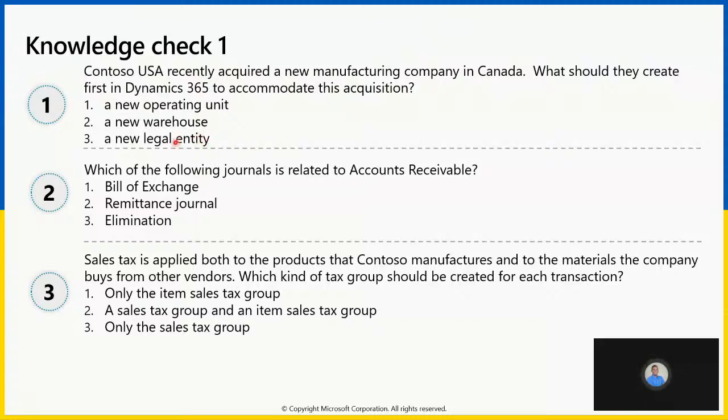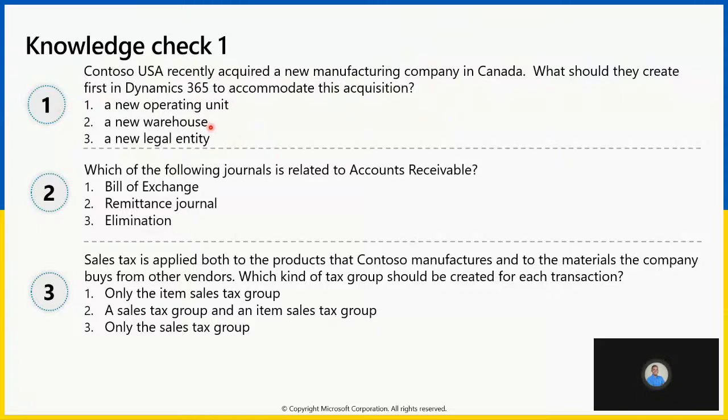So we spoke about legal entity. Let's talk about warehouse and operating unit. Warehouses are simply locations or places where we keep our finished goods or our raw materials. As a manufacturing company, we are into the production of laptops.